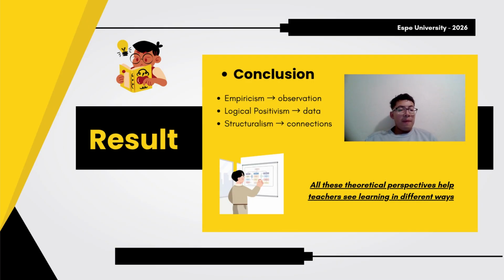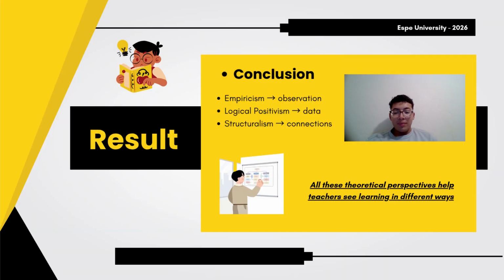Structuralism is not only about what the students do, but how the classroom structure influences their behaviors. This theoretical perspective helps teachers see learning in different ways and improve the learning process.